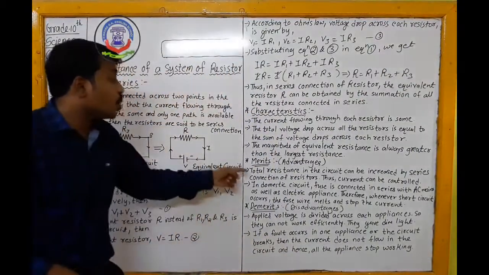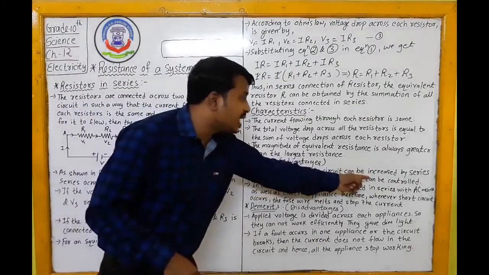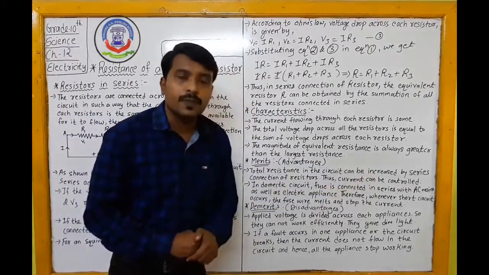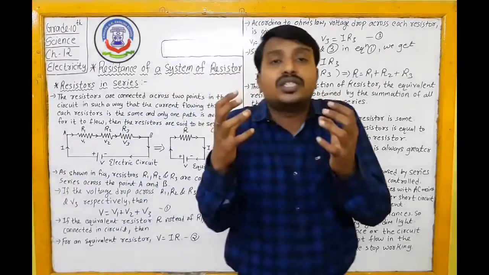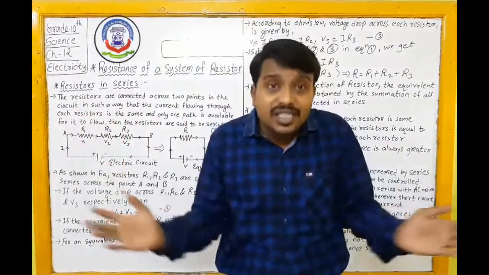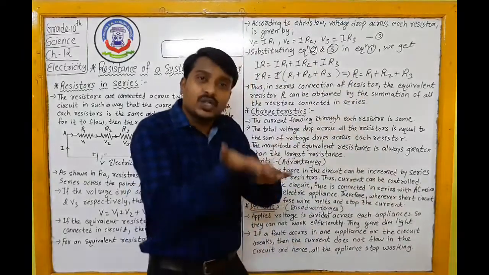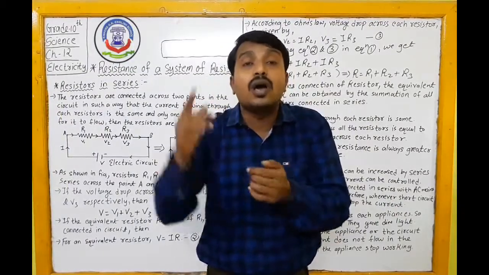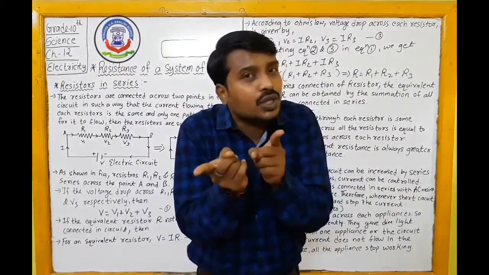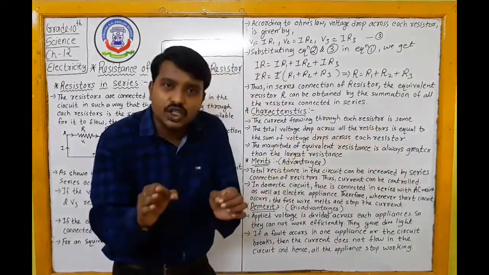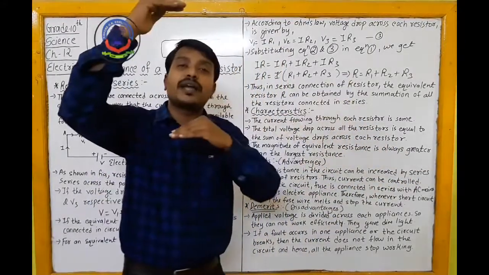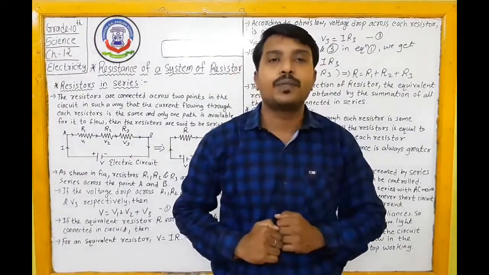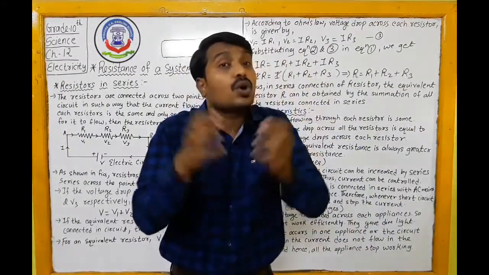So advantages में, total resistance in this circuit can be increased by series connection of resistors and thus current can be controlled. आप सीरीज कनेक्शन करके आपका टोटल रेजिस्टेंस इंक्रीज कर सकते हो, बिकॉज जितने रेजिस्टेंस यूज करोगे उतनी R की वैल्यू इंक्रीज होती जाएगी, और जैसे R की वैल्यू इंक्रीज होगी आपका करंट रिड्यूस हो जाएगा, बिकॉज एज पर ओम्स लॉ रेजिस्टेंस एंड करंट आर इन इनवर्स प्रोपोर्शन, दोनों एक दूसरे के ऑपोजिट हैं. तो अगर आप सीरीज कनेक्शन करते हो तो आपका टोटल R इंक्रीज हो जाएगा, और जितना रेजिस्टेंस इंक्रीज होगा करंट उतना रिड्यूस हो जाएगा. सो अगर करंट रिड्यूस होगा तो कम करंट को कंट्रोल करना इजी होता है.